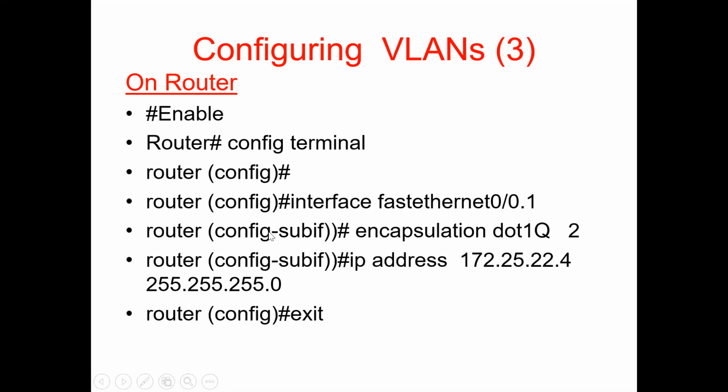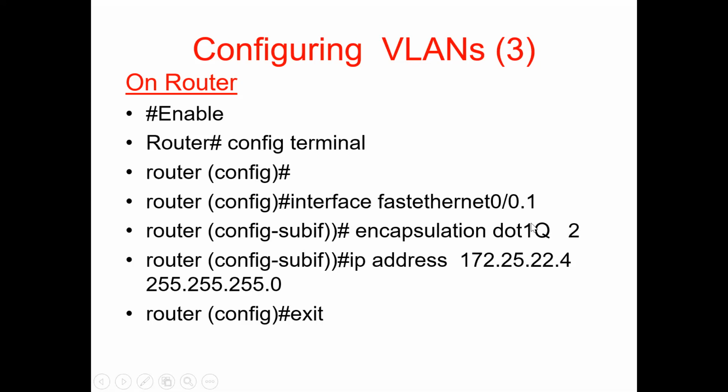The configuration mode changes to config-subif, instead of config-if, because that's a sub-interface on the router. Then we issue the command encapsulation dot1q, and tell it which VLAN it belongs to.